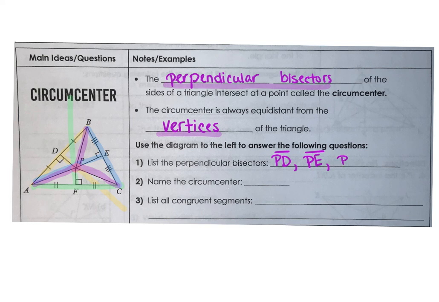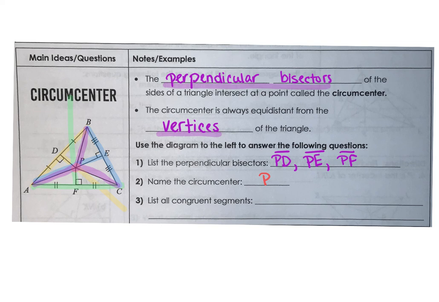So those are my perpendicular bisectors, which make up the circumcenter. Where those meet is the circumcenter. So then the circumcenter is going to be the point P. That is my circumcenter. So then which segments are congruent? Well, those are from my circumcenter, which is the point P, to each vertex.